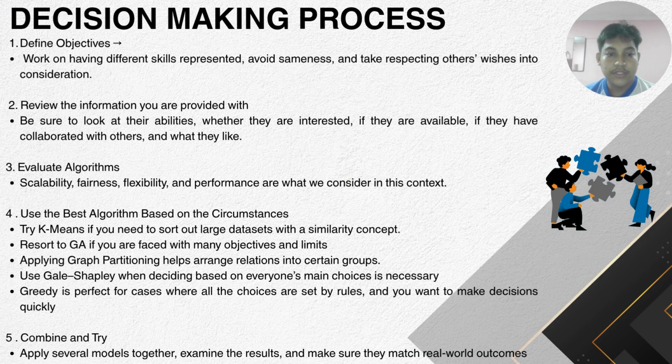Applying graph partitioning helps arrange relations into certain groups. Use Gale-Shapley when deciding based on everyone's main choice is necessary. Greedy is perfect for cases where all the choices are set by rules and you want to make decisions quickly.